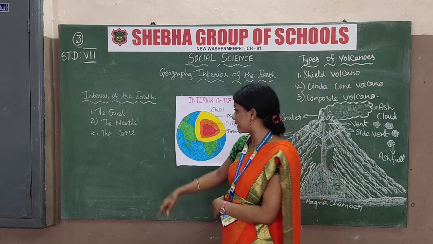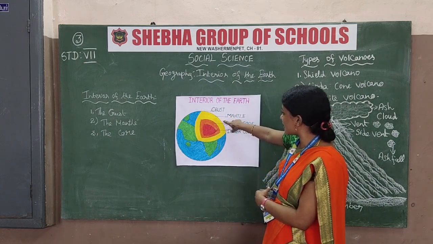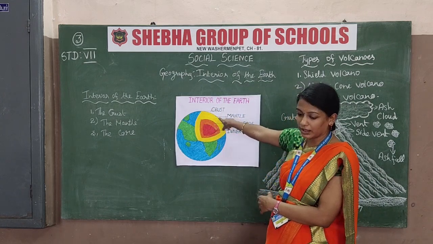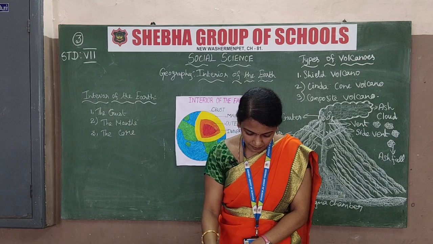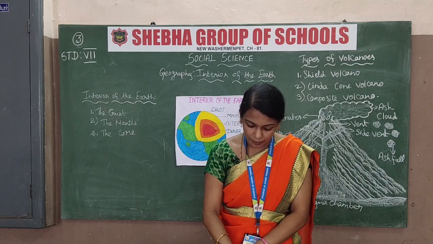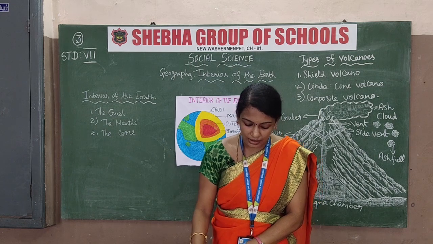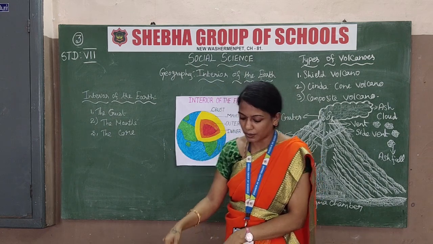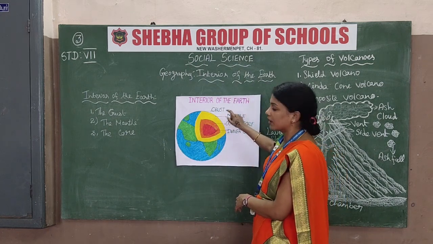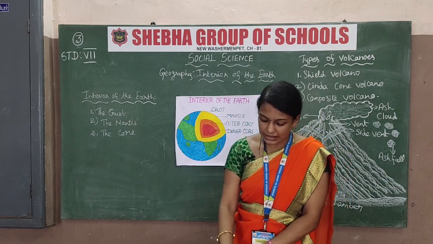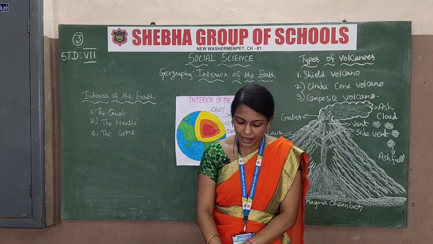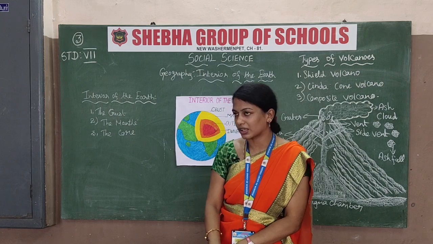Next we are going to see the mantle. Mantle is inside the crust. The boundary of the crust and the mantle is the Mohorovicic discontinuity. The next layer of the crust is the mantle. The mantle thickness is 2900 kilometers.